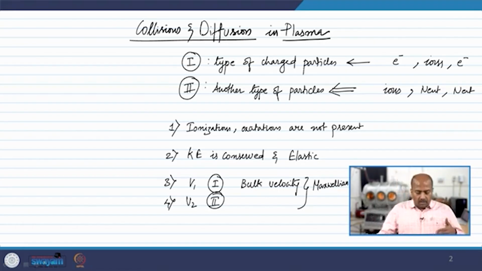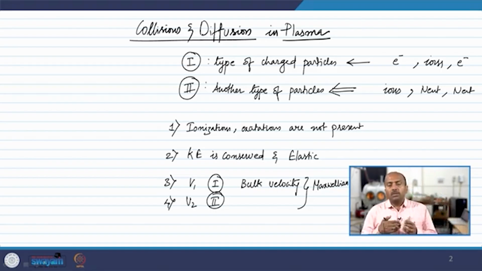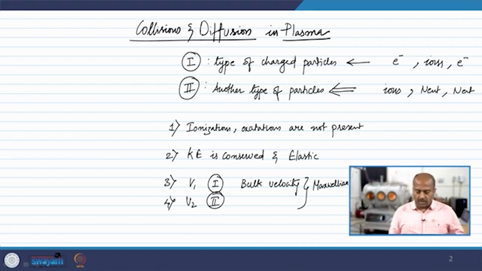So, what happens when these particles collide? The transfer of bulk momentum occurs, right. So, obviously, when the particles collide, there is momentum transfer depending on the masses of these two particles. The masses of these two particles, in addition to the direction of velocities of these two particles, will decide the direction of momentum transfer. So, in order to simplify this, we will assume that these two velocities are of course Maxwellian, and we will also assume that they are in the x direction.